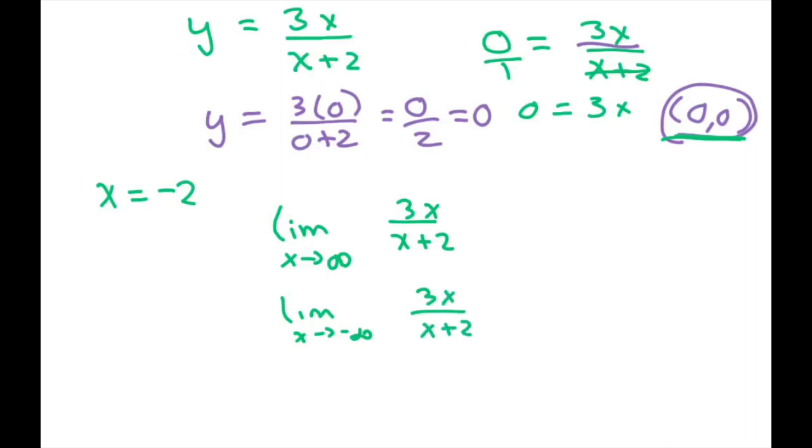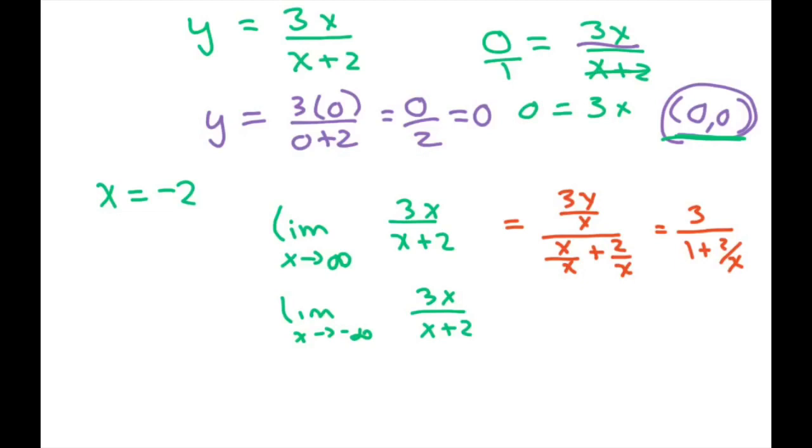And they're both going to be the same. Basically, remember, we're just going to divide everything by x. So this is going to end up being 3 over 1 plus 2 over x.